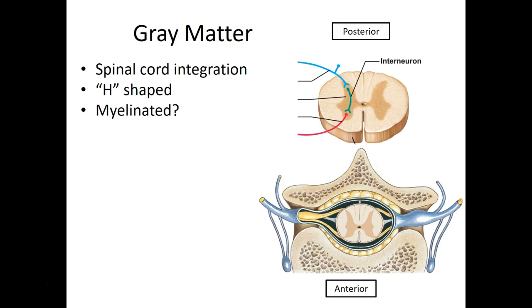So posterior, right? So we could call this the dorsal horn, and then we can call this the ventral horn. Lateral just stays the same. So dorsal horn versus ventral horn, okay? All right, but you will see anterior and posterior horn used as well.